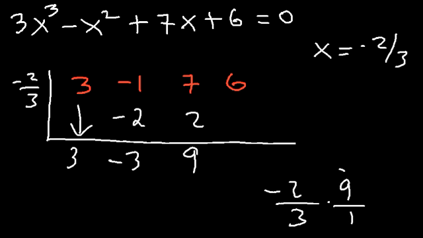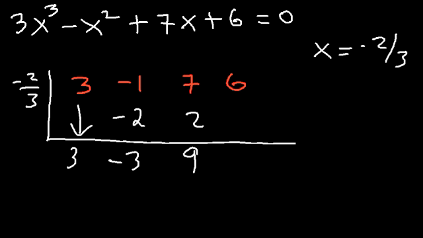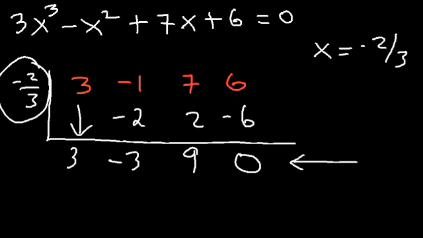Let's divide first. 9 divided by 3 is 3, times -2 is -6. Or you could do -2 times 9 is -18 divided by 3, and you'll still get the same answer, -6. 6 plus -6 adds to 0, which tells us that -2/3 is indeed a solution to the equation. So this is going to be 3x squared minus 3x plus 9.